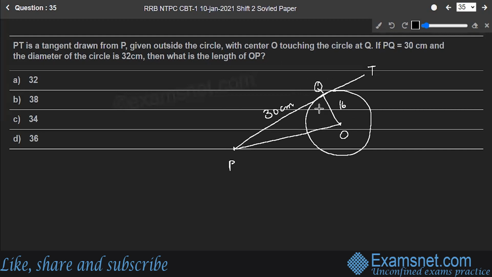You know, a tangent at any point to a circle is always perpendicular to the radius of the circle. So that means this angle is equal to 90 degree.